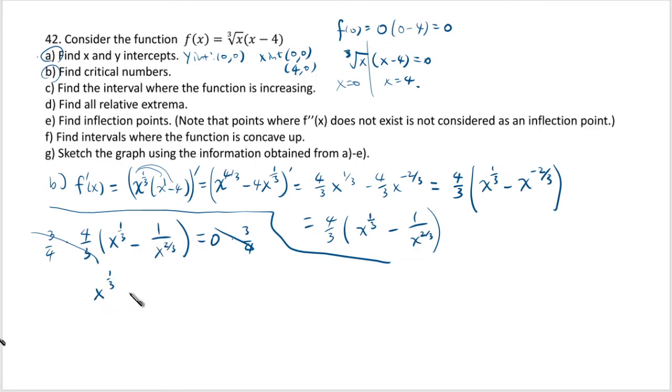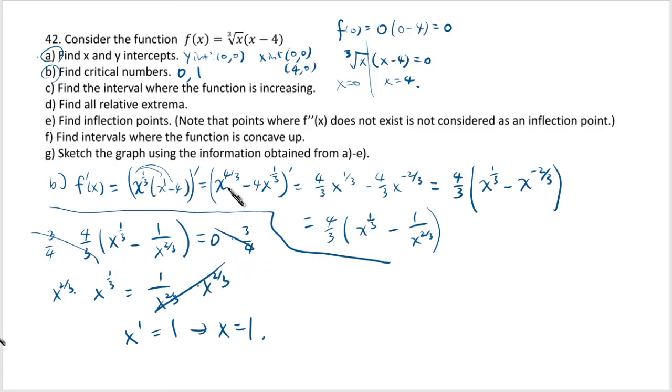Let's move this to the other side. You get 1 over x to the 2/3. Then what we can do is multiply x to the 2/3 both sides. So they cancel, you get 1. And you have same base, so the powers add up, but what's 2/3 plus 1/3? That's just 3/3, which is 1, right? So there it is, x equal to 1. So we see that 0 and 1 are critical numbers.